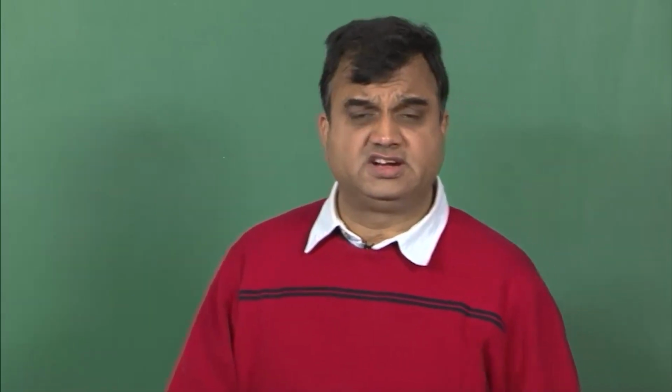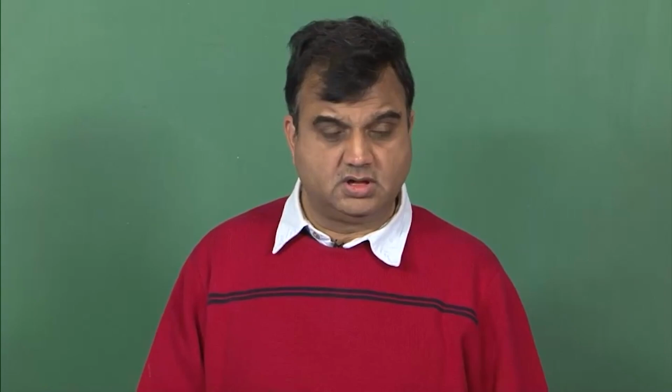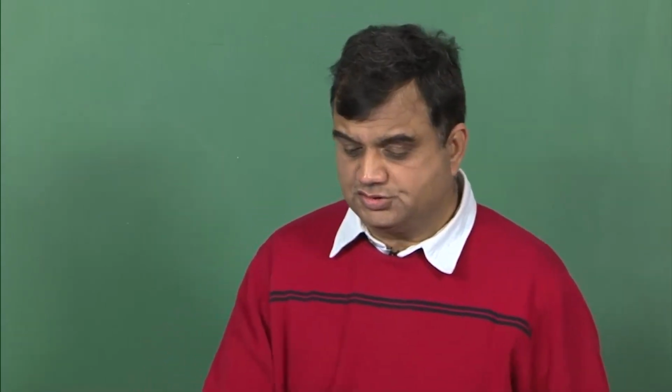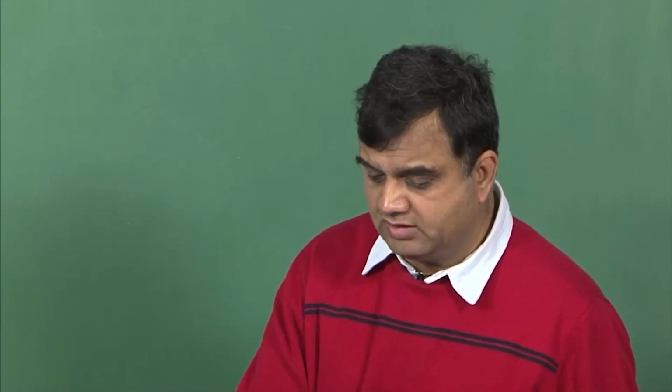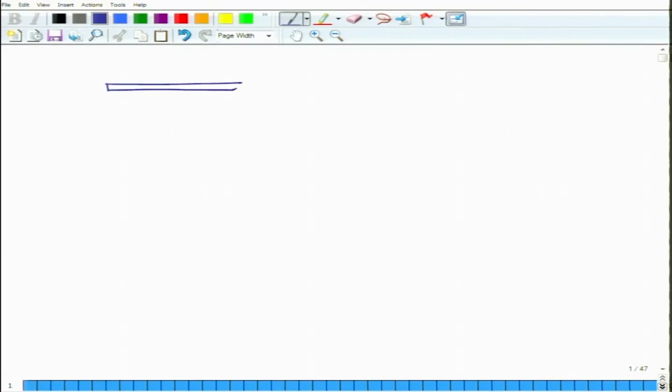So, suppose I want to make a structure of, let us say, steel. Let us say I want to make a table, made up of steel. So, the table which is made up of steel would consist of what? It will have a top and it will have some legs basically. To make the top, typically a lot of these tops are made from sheet metals.